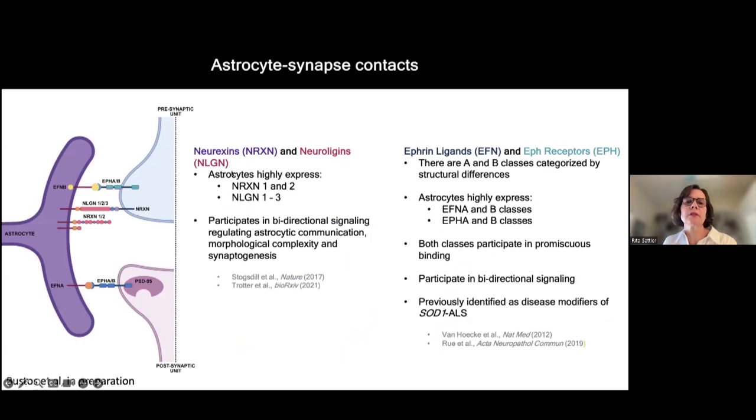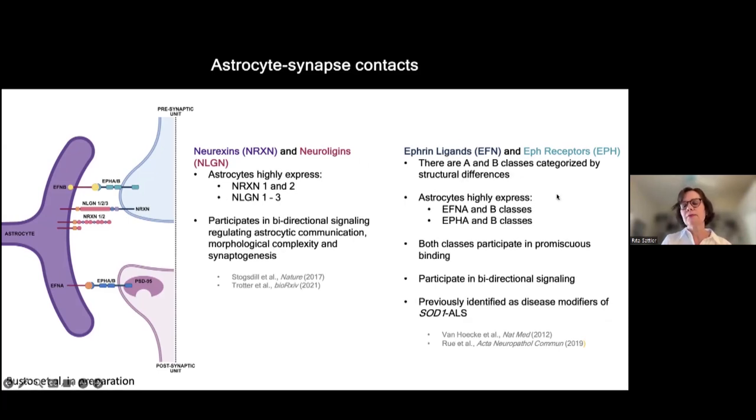So neurexins and neuroligands, as I said, are not only found on neurons, but there are astrocytic neurexins and neuroligands that really help keep the astrocytes close to the neurons. And astrocytes highly express certain subtypes of these, neurexin 1 and 2 and neuroligin 1, 2, 3. And they're really contributing to this astrocyte neuron communication.